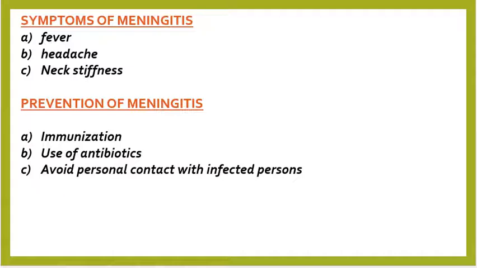It manifests itself in several symptoms like fever, headache, neck stiffness. I also said it is caused by virus, bacterium, fungus, and protozoa. Ways of prevention, we said through immunization, use of antibiotics, and avoiding personal contact.